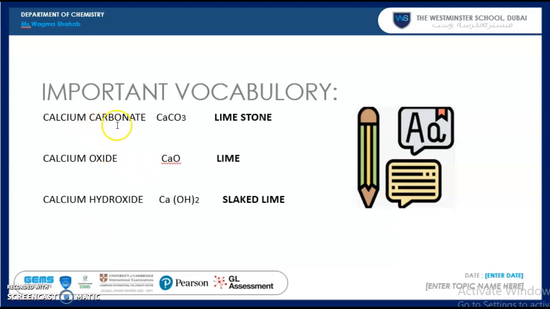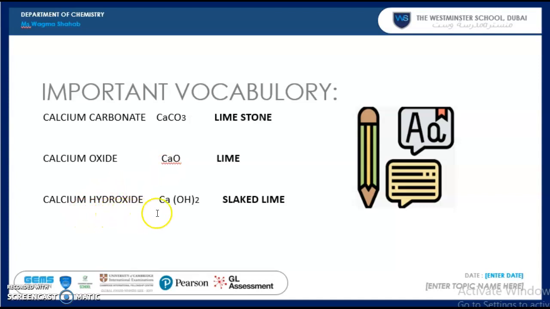Calcium carbonate is commonly known as limestone. Calcium carbonate's chemical formula is CaCO3. Calcium oxide is commonly known as lime or quicklime, and its chemical formula is CaO.